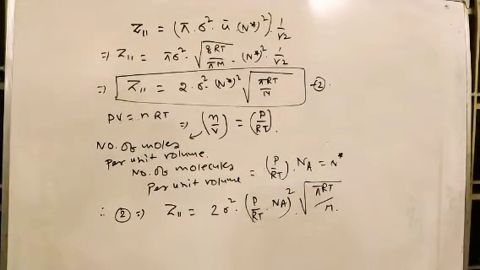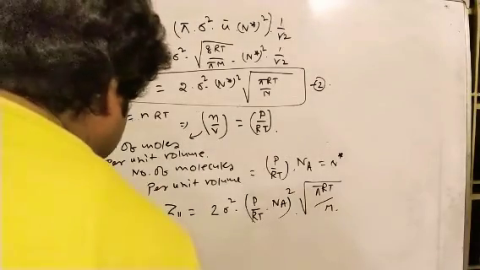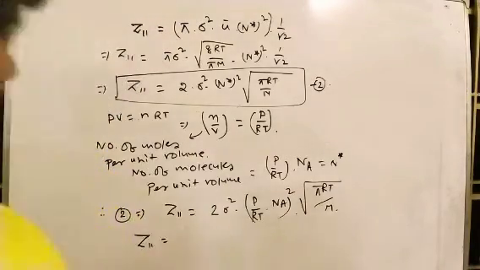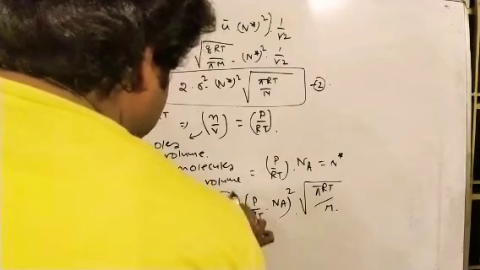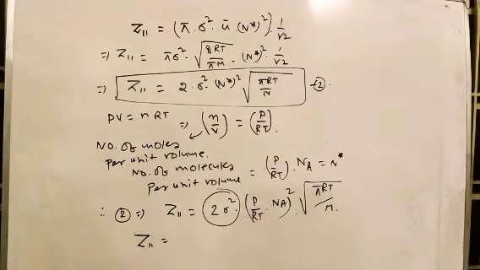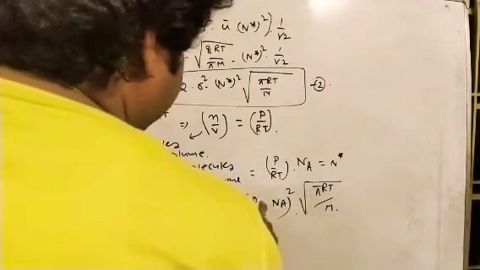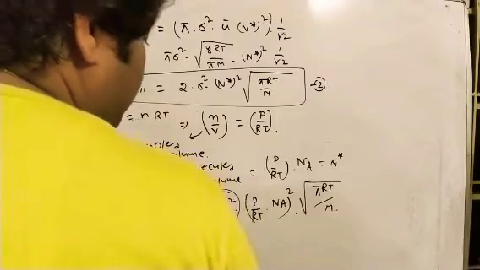So Z11 is equal to 2 sigma square P by RT into Na square into root over pi RT by M. If you consider this, just understand what the constant terms are. Circle it. 2 sigma square is the constant term. P is a variable term.